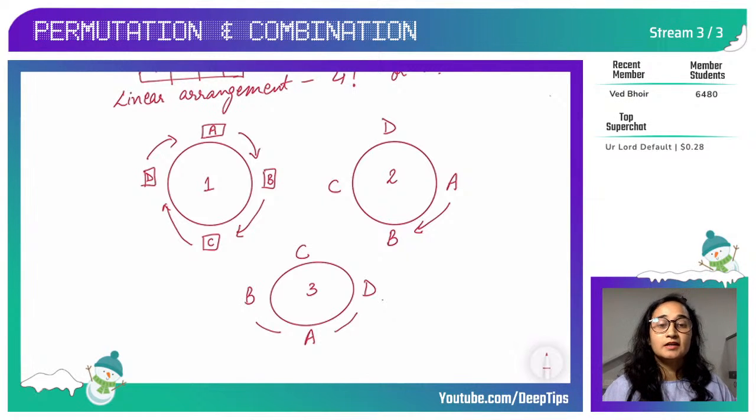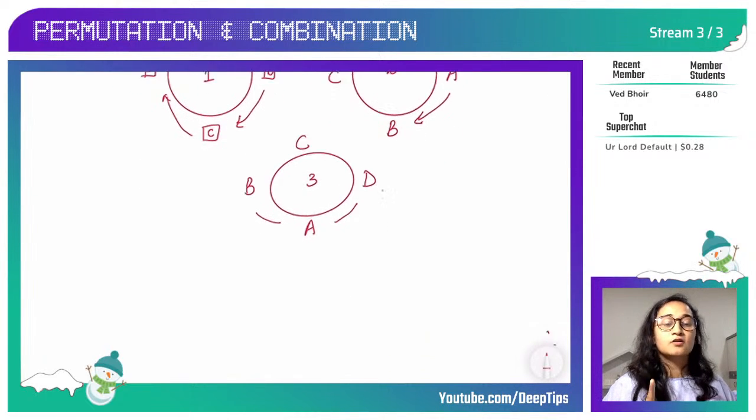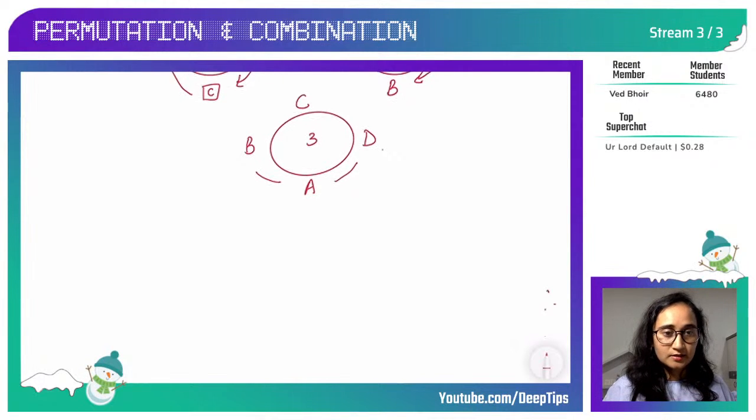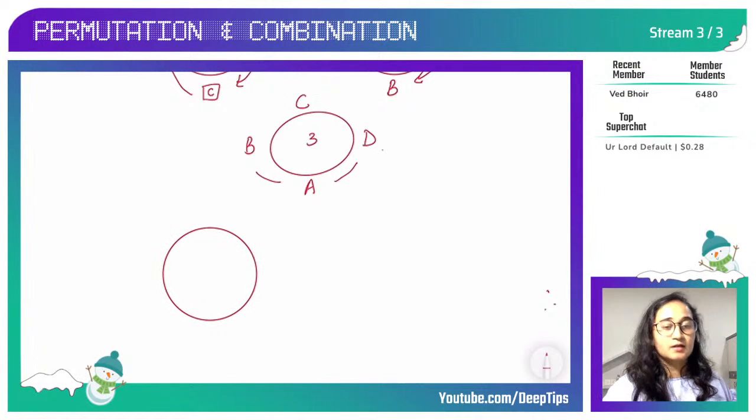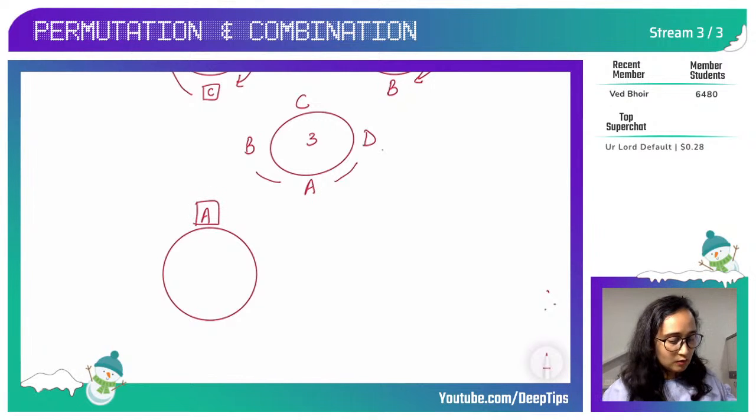So the question arises, how do we solve questions when we have circular arrangements in permutation and combination? So the best way to do circular arrangements is to fix one position. So if I have 4 people and I have to make the arrangement for them, so let's fix this A. Okay, now I have 3 places left.